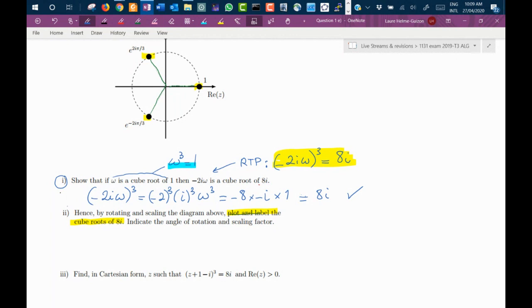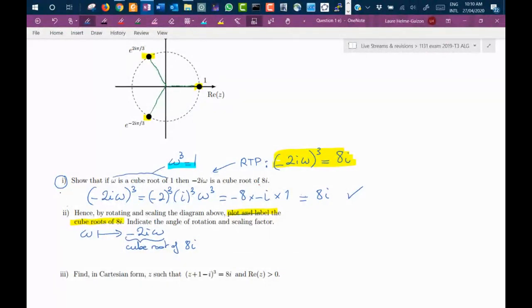Right? So what we're going to do, we're going to start from 1, omega, which is drawn. We're going to multiply it by minus 2i, and that's going to be a cube root of 8i. And we can do this for each of them. So we would love to know what geometrically multiplying by minus 2i does, right?